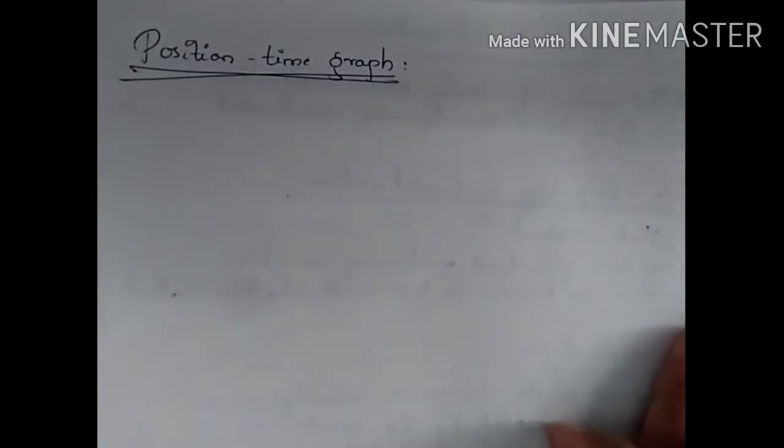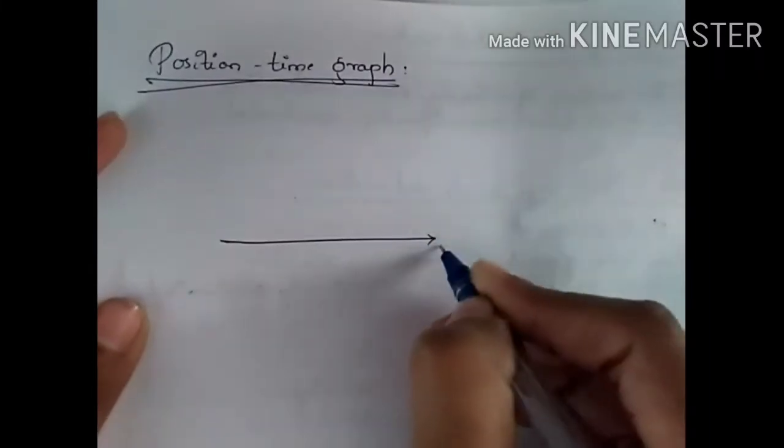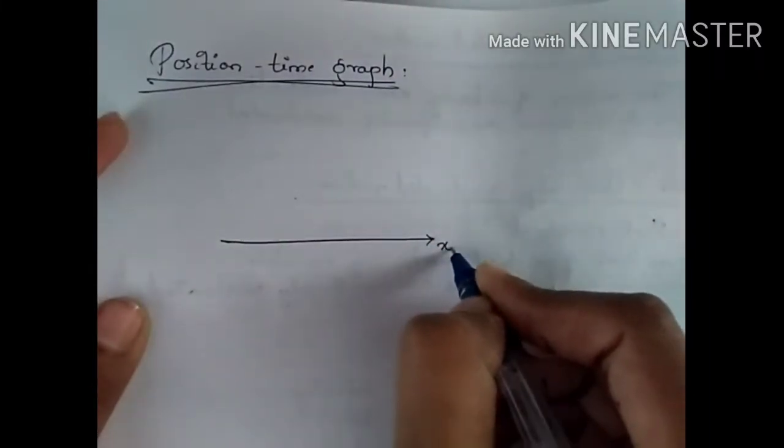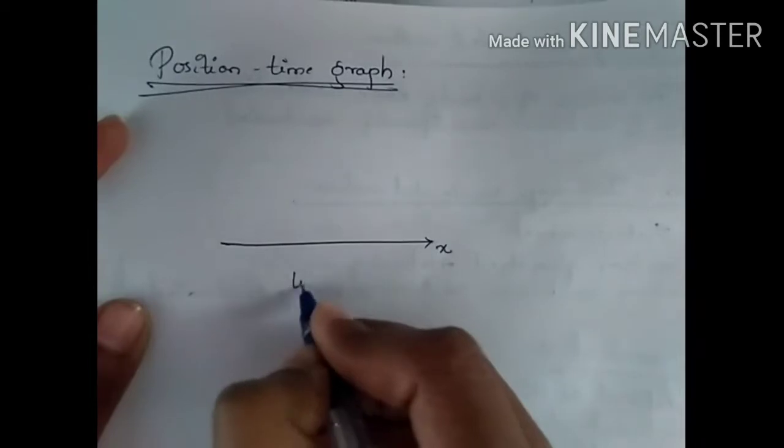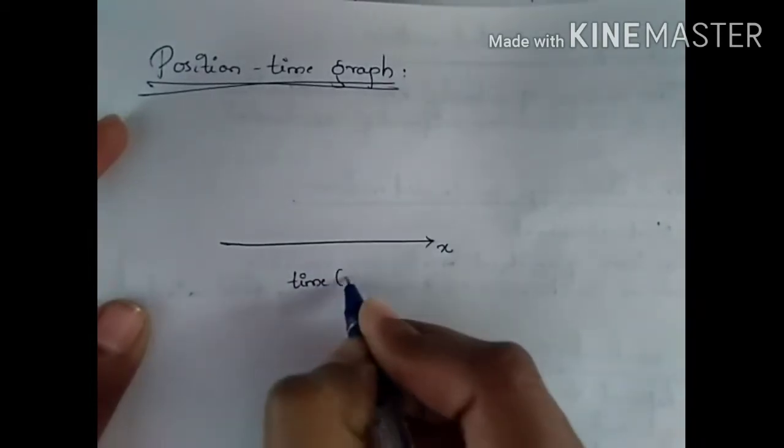Now if an object is moving along a straight line, say along the x-axis, its position is represented by the x coordinate. And this is the time coordinate.